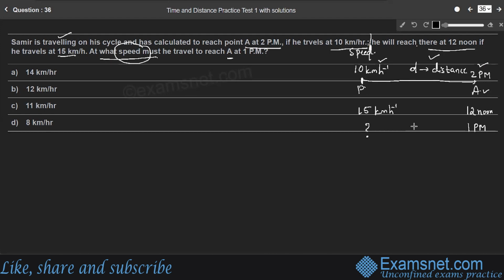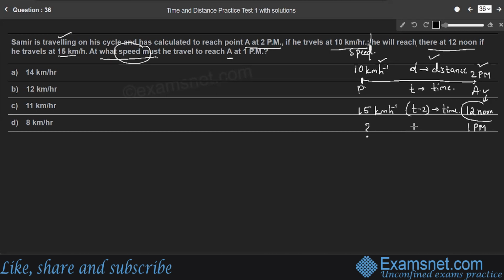So let T be the time taken by him to reach A in the first scenario. In the second case, he reaches the same place at 12 noon with higher speed. That means he takes 2 hours less time. Therefore, the time taken by him in the second scenario will be T minus 2 hours, right?